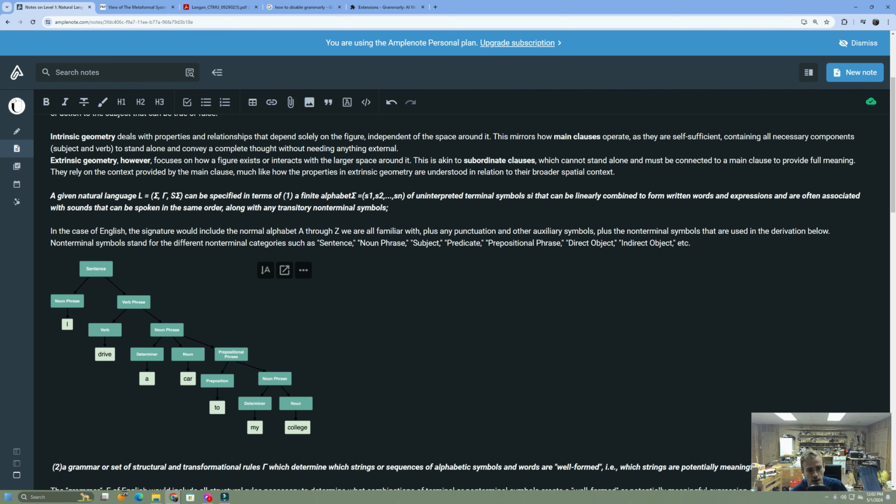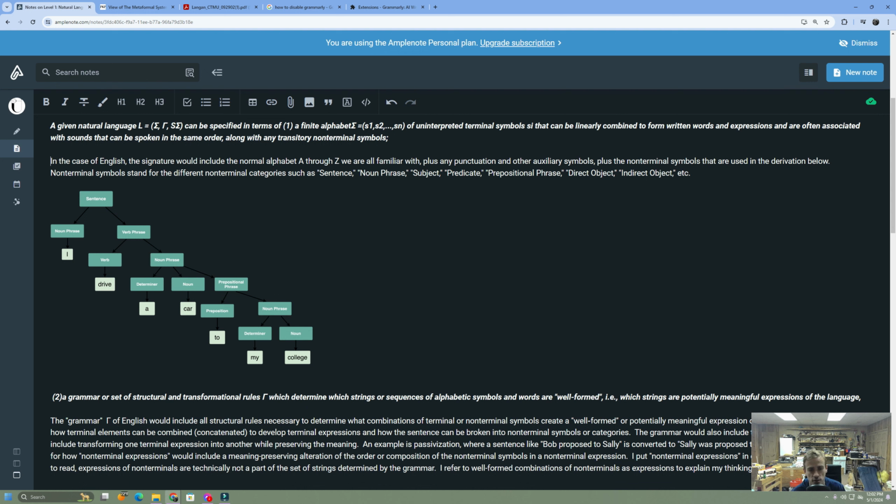Non-terminal symbols stand for the different non-terminal categories such as sentence, noun phrase, subject, predicate, prepositional phrase, direct object, indirect object, etc. These are all categories of structure that are implicit in the terminal string and give the way that the sentence is parsed into a meaningful construct, and that parsing is illustrated here by this tree, where these blue boxes are the non-terminal symbols associated with this terminal sentence or string, and the terminal sentence or string are these light beigeish colored boxes.